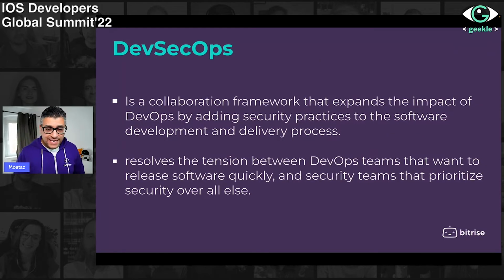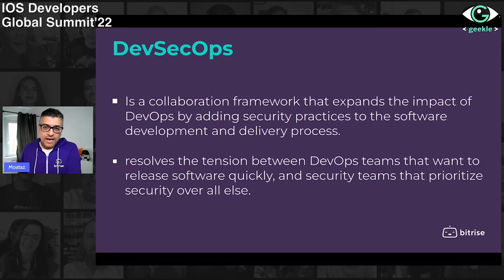So DevSecOps is a collaboration framework that expands the impact of DevOps by adding security practices to the software development and delivery process. This resolves a lot of issues between the DevOps team, who want to release the software quickly, and the security team. The DevOps team thinks about delivery or releasing, but the security team is thinking about security checks.